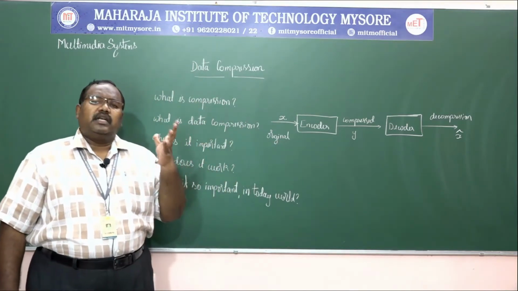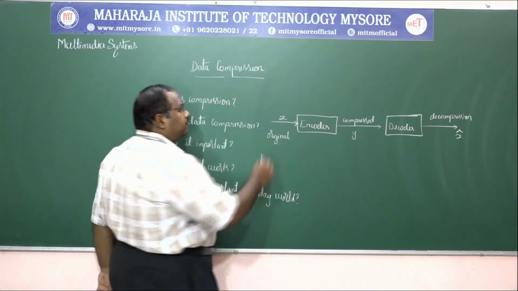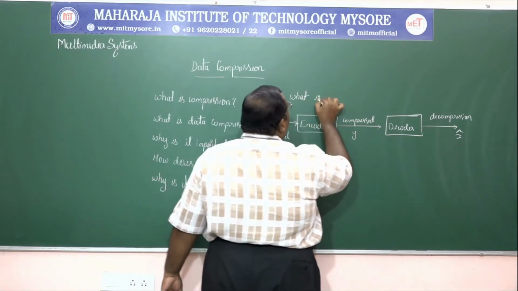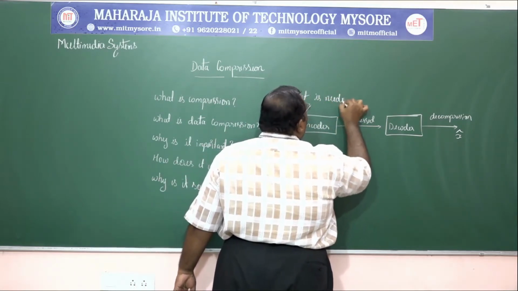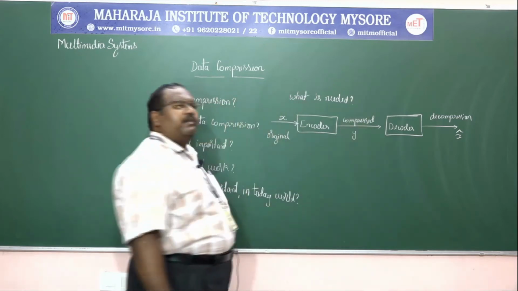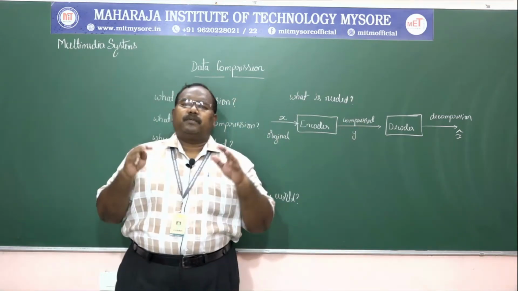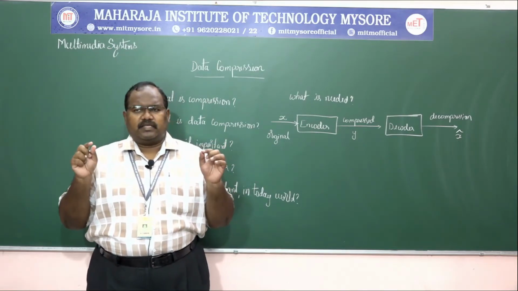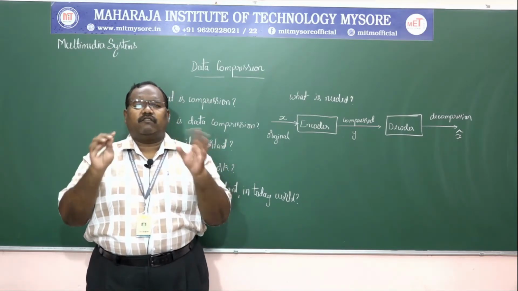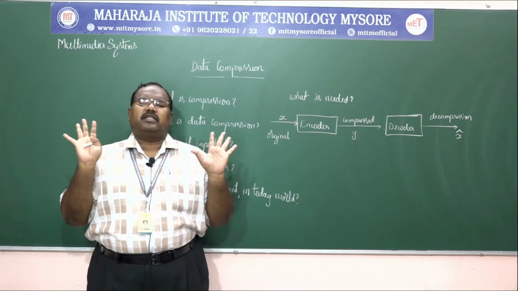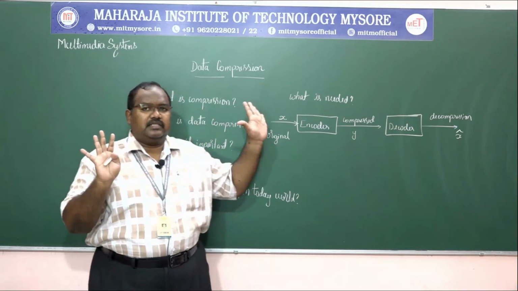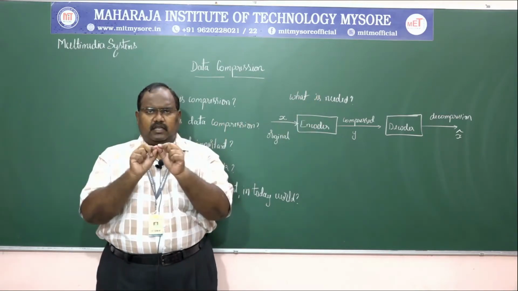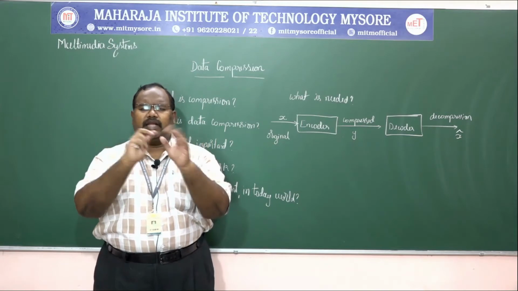Then what is needed for compression? When we talk about compression, what is it needed for? The purpose of compression is to make the file, or a message, or any other chunk of data smaller. That's it. The main intention is to make a data file or any other multimedia file smaller.